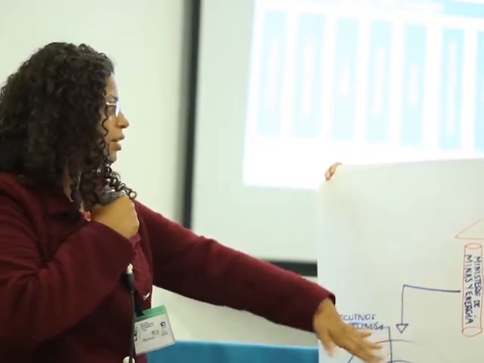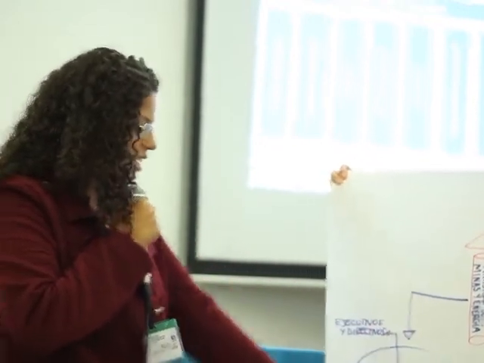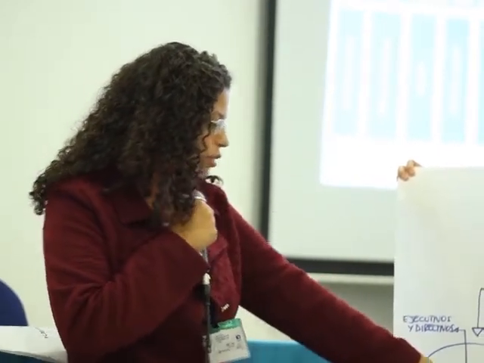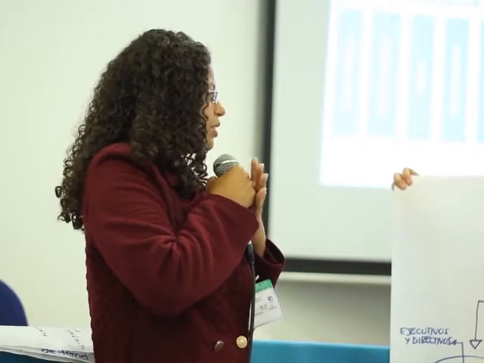Here we also selected workers to have a starting place to have an analysis of capacities, and we also have the executives and the directors, and in the last line we have the officials and middle management, which are the majority of the people working in these ministries.